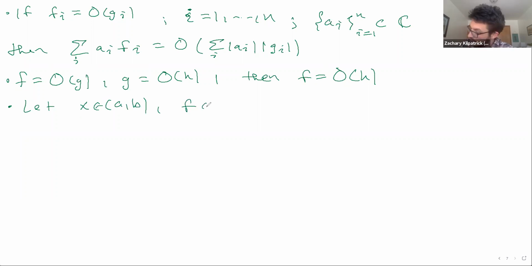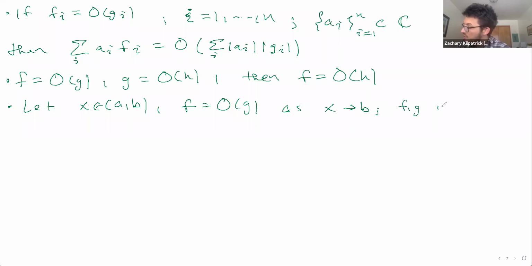Another property: if we let x be in (a, b), and we say that f is big O of g as x goes to b, okay?